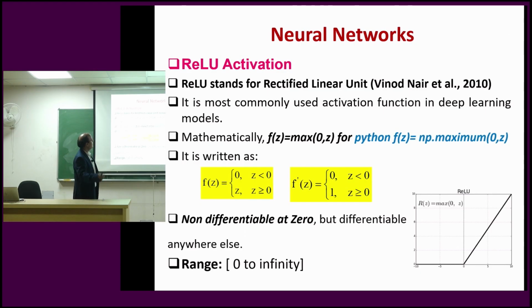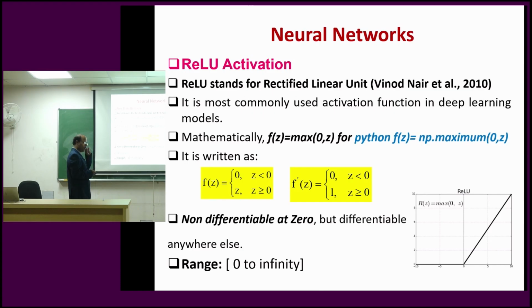The linear activation function was introduced in 2010. That's called ReLU activation, rectified linear unit, and it started being used extensively after 2012 when the AlexNet model was introduced. Before that, it was not used much, but after AlexNet was introduced, everyone started, boom, the deep learning era, and everyone started using the ReLU activation function.